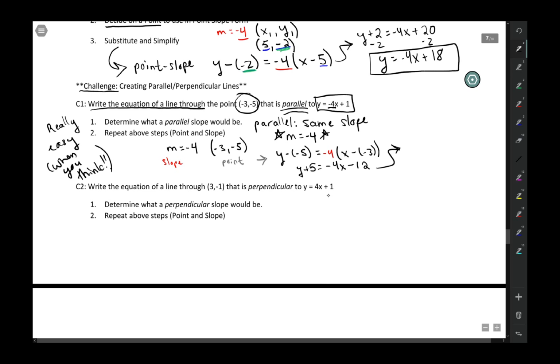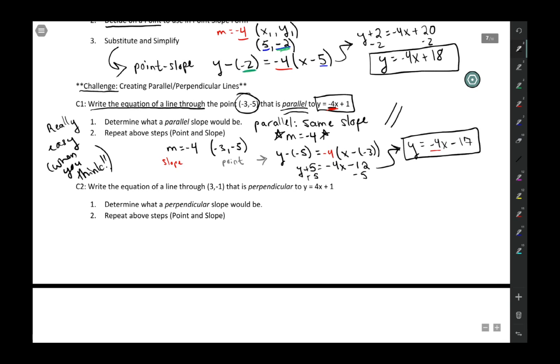And lastly, y would be subtract 5, -4x minus 17. Now at the end, these two should be parallel. So they should have the same slope, which they do, and different y-intercepts. So they're really not all that hard when you think about it.